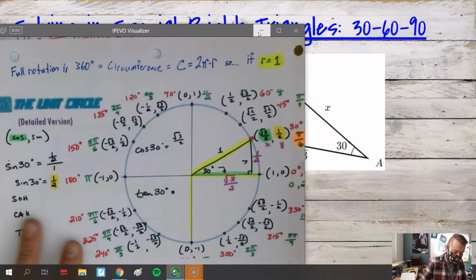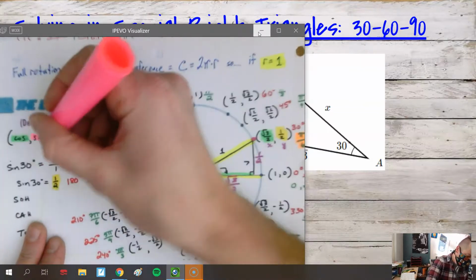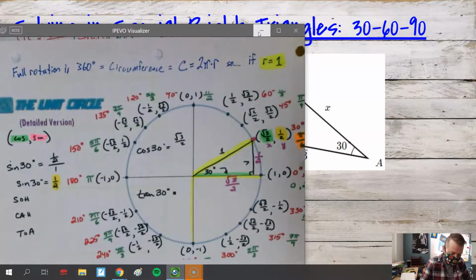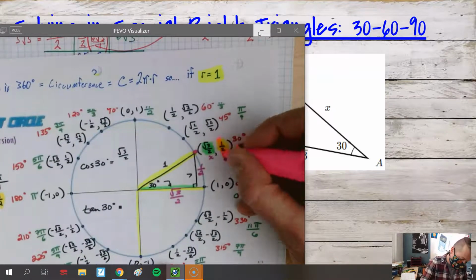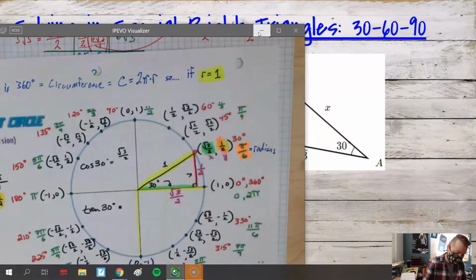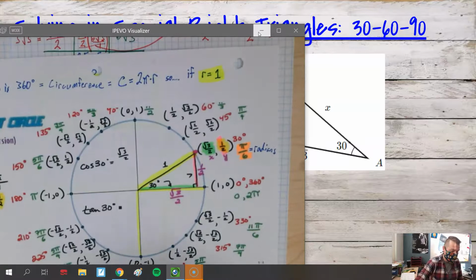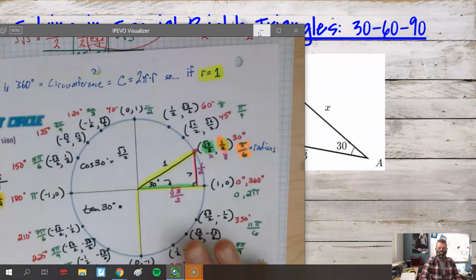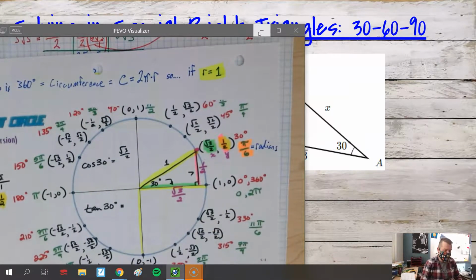The sine value is actually the y. And you don't need to know this stuff yet for your Khan Academy. All you really need to know for what I've assigned you so far is the special right triangles 30, 60, 90, 45, 45. That stuff will get you through your Khan Academy. But I always like to intro the unit circle way before you actually need it.